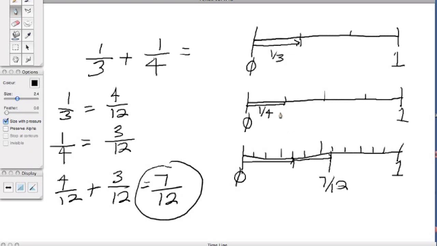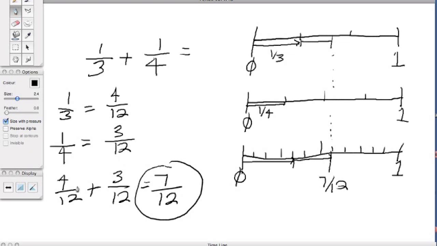Now, you can't add the 1/4 directly, but if you take that distance and lay it in on this line, you can see that it's going to take you out to about here, which is about where we should be to match up on the 7/12.